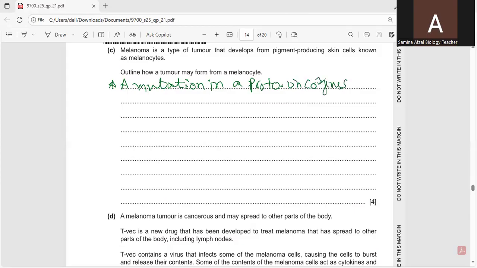The proto-oncogene that promotes normal cell growth converts it into a hyperactive oncogene.